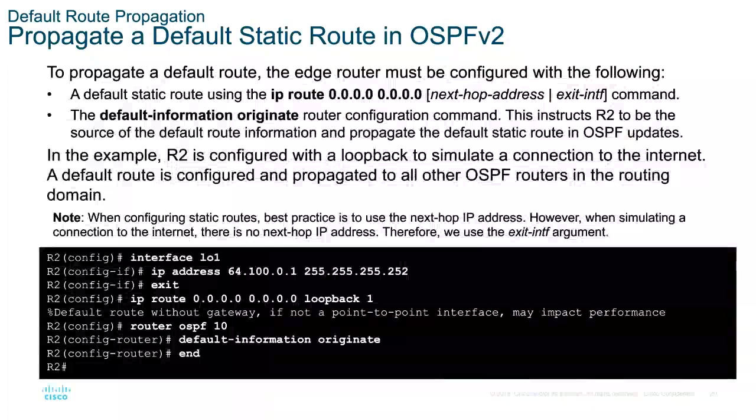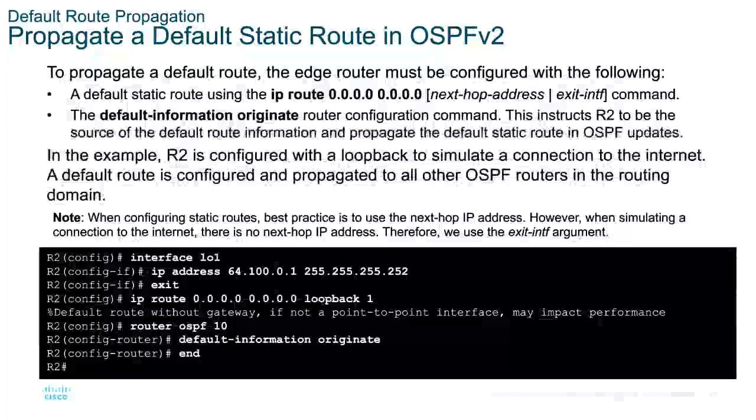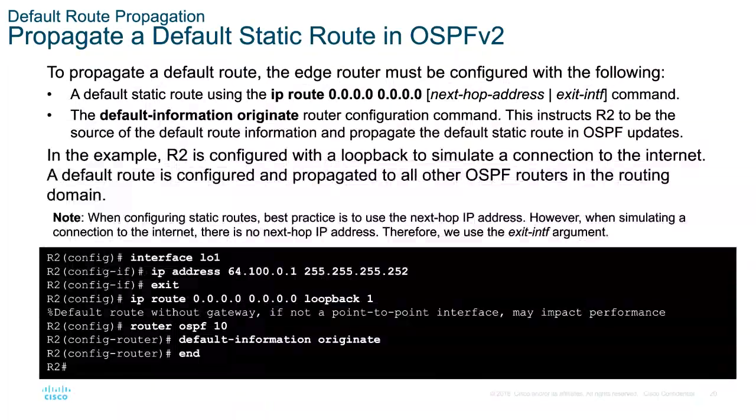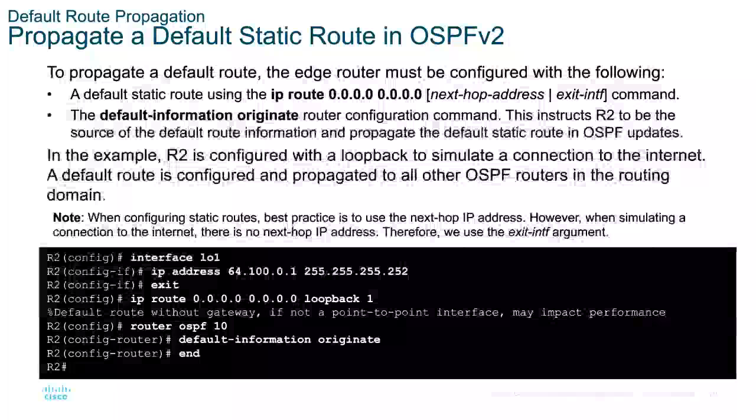Now, this will only be known to the local device, so you'd have to go through and configure this on every device. That's a bit of a pain, isn't it? So by using default-information originate on the router that has that gateway, that will propagate it.